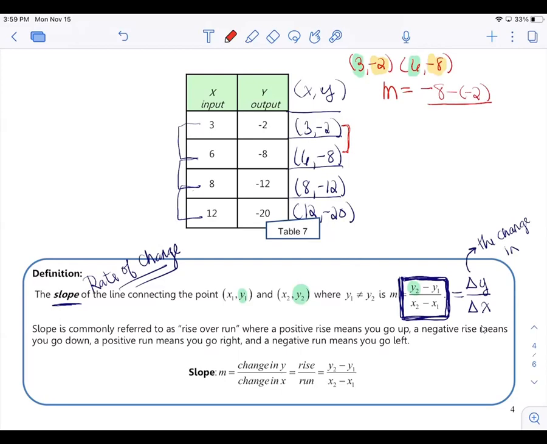Here is the key thing. It doesn't matter if someone out there said, no, Stephanie, I want to say -2 minus -8. That's okay, just as long as whatever you pick first. So I picked -8. That's what I chose to do. That means down here, I have to pick from the same coordinate. So it has to be that 6.